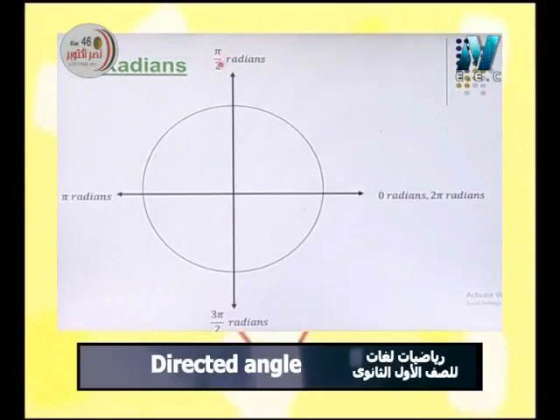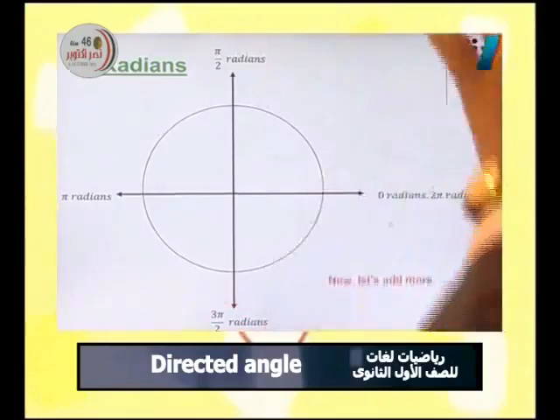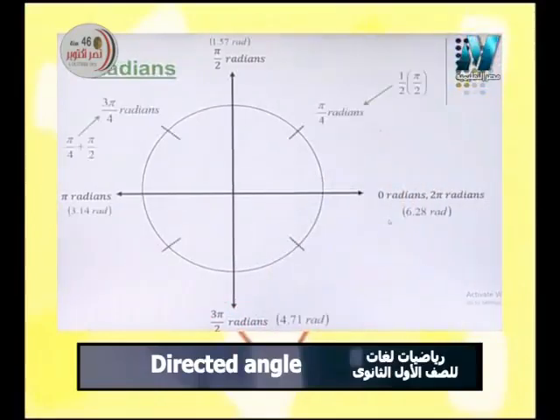So half pi or pi over 2 equals 90. Here pi, which equal in degrees 180, and here 3 pi over 2, which is equal 270, and return again to 2 pi or 360 degrees.